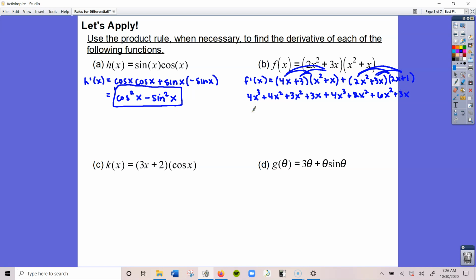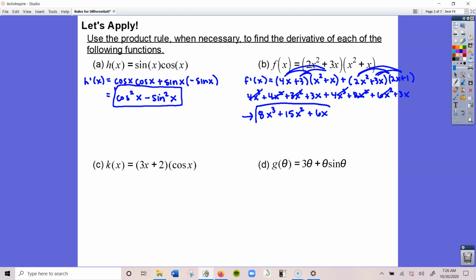And now we're going to go ahead and combine like terms. So we have 4x to the third plus 4x to the third is 8x to the third. 4x squared plus 3x squared is 7x squared, plus 2x squared is 9x squared, plus 6x squared is 15x squared. And our final terms, 3x plus 3x, would be plus 6x.